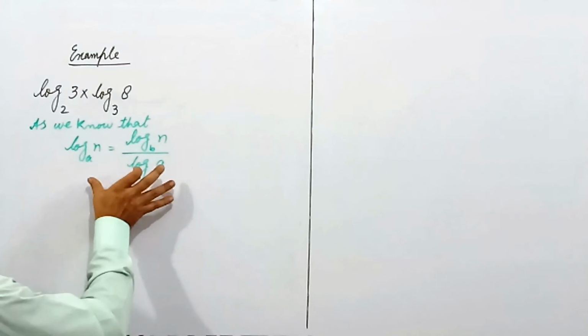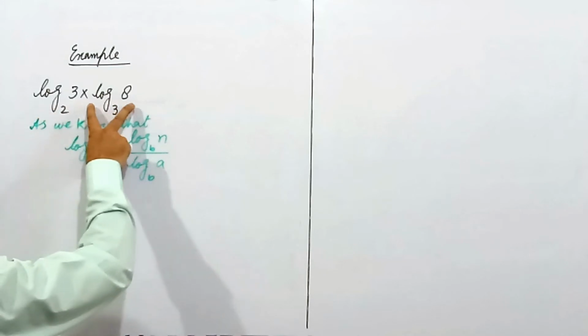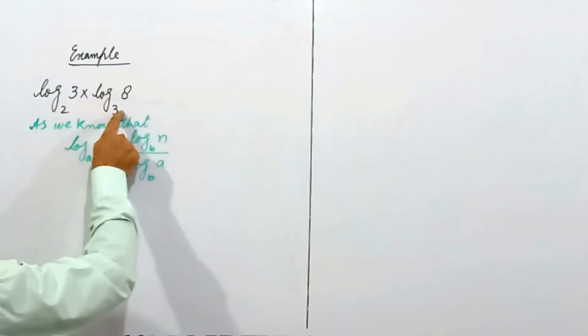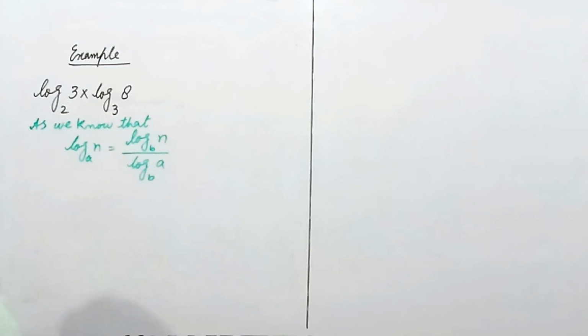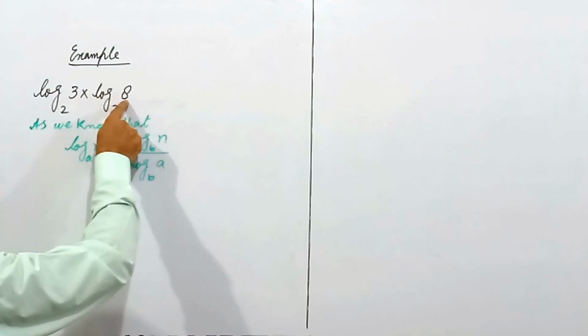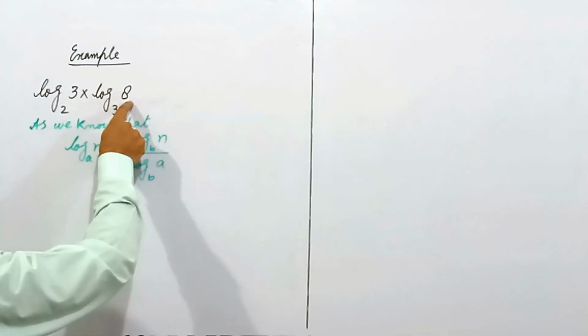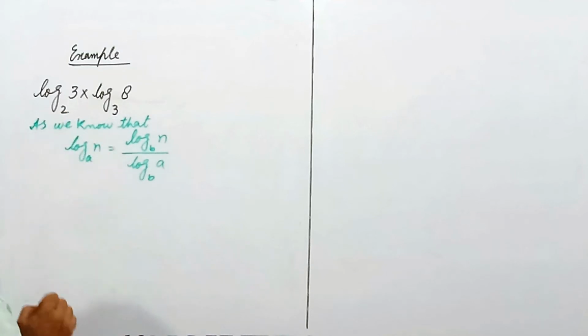So that is the fourth law of log which we apply where we have different bases, in this base 2 and in this base 3. If we have to deal with a problem in which the values of log 3 and log 8 are required, and their product as well, but their bases are different, for such a difficult situation the fourth law will make it easy.